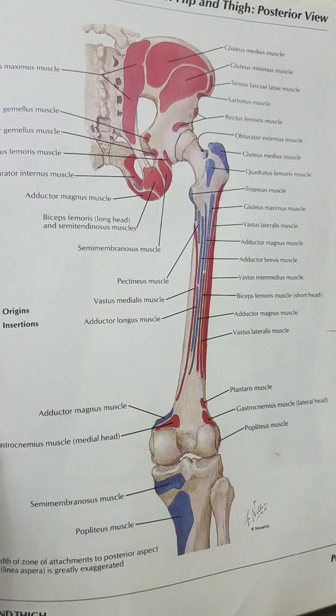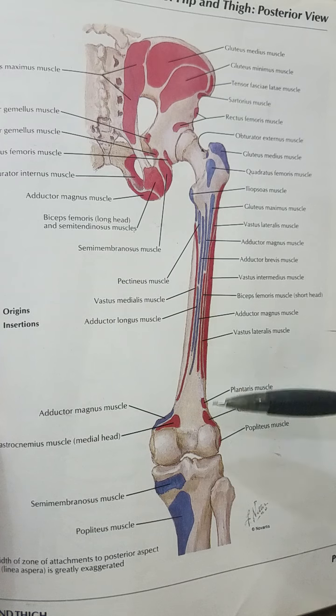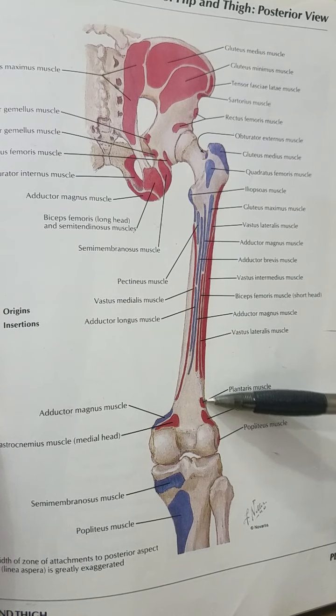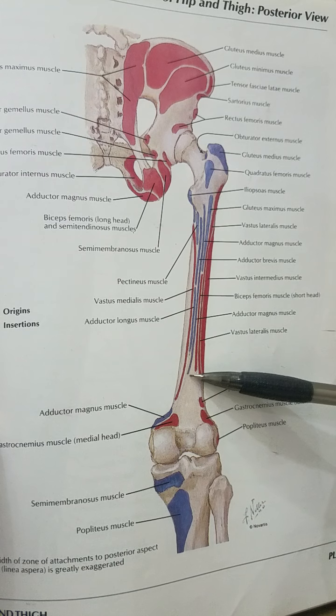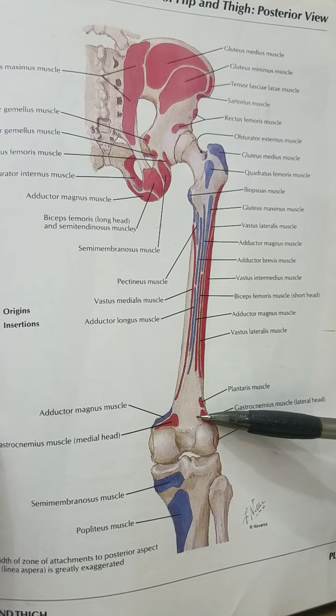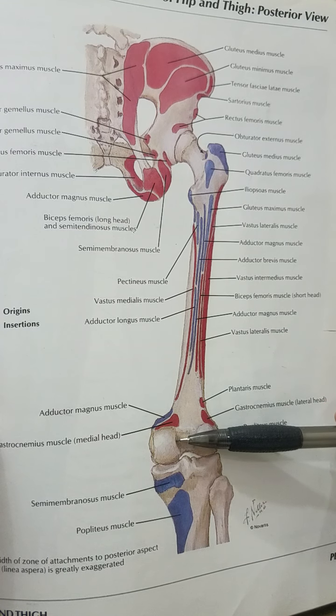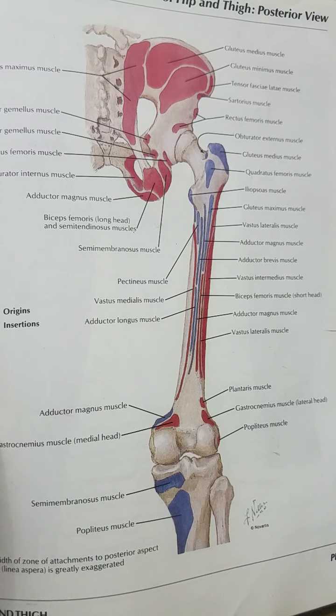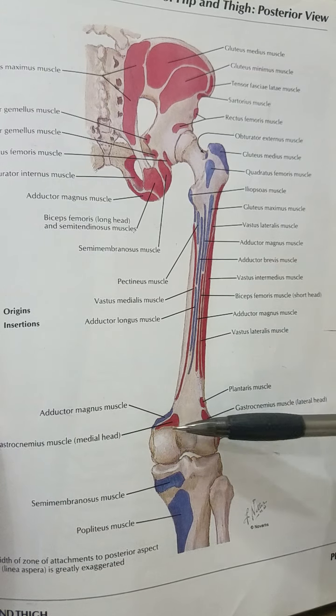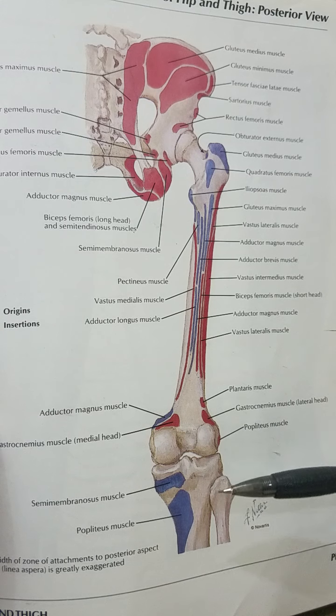So when we talk about the floor of the popliteal fossa, superiorly it is formed by the popliteal surface of the femur. After that, in the center, you have the posterior surface of the joint capsule of the knee. So this is the knee joint, and of course there would be a joint capsule here.